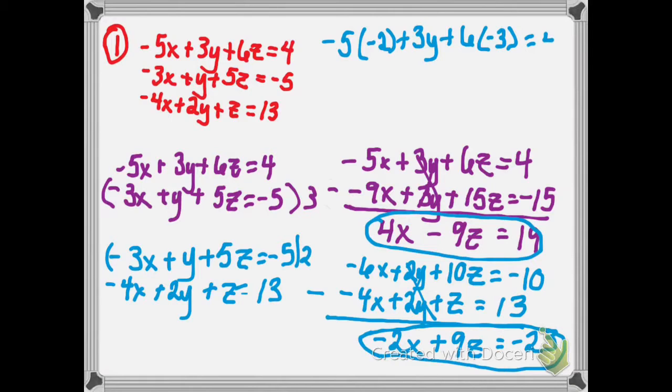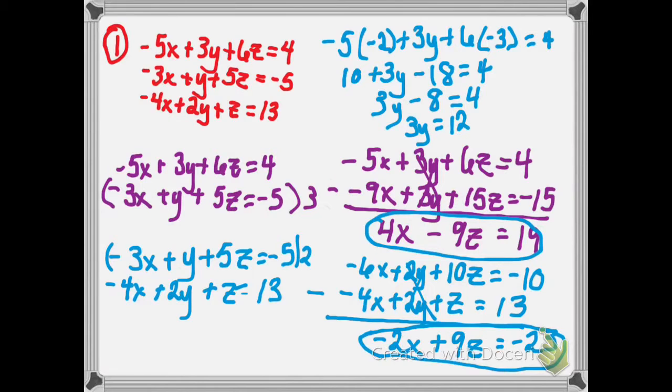equals 4. So negative 5 times negative 2 is positive 10 plus 3y minus 18 equals 4. So 10 minus 18 is negative 8. So we have 3y minus 8 equals 4. So now we have 3y equals 12.